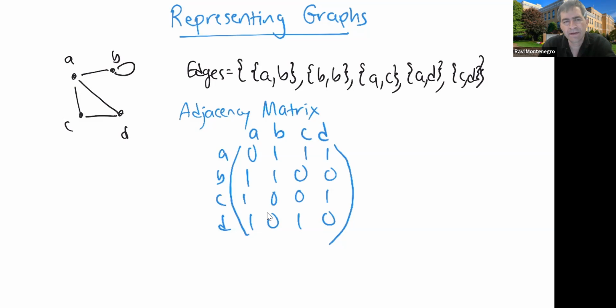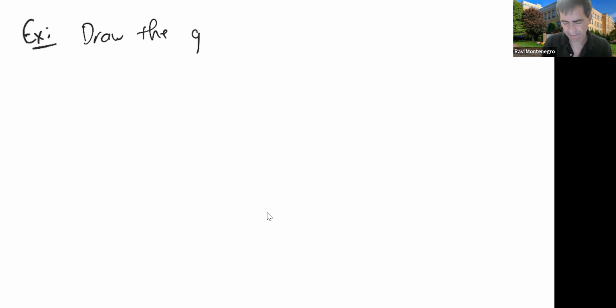Now, I don't have to necessarily go from a graph to a matrix. I could also go the other way around. If you were given the matrix, I could say, draw the graph for the following matrix.